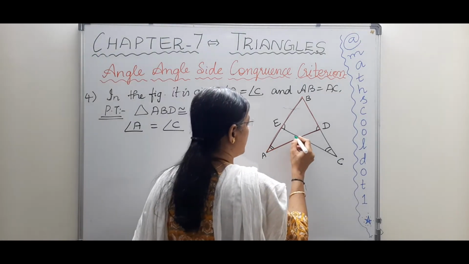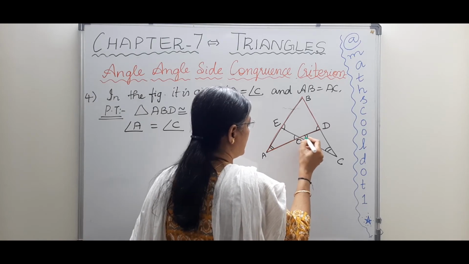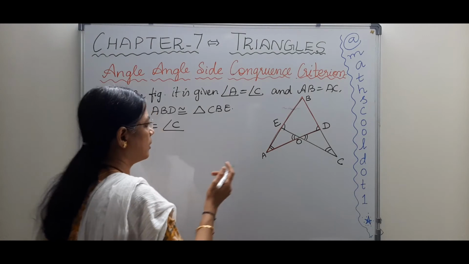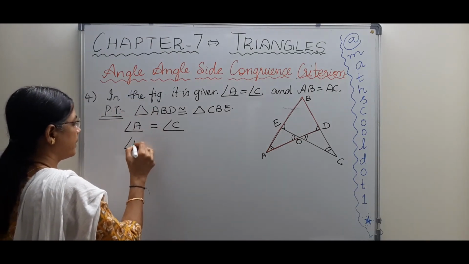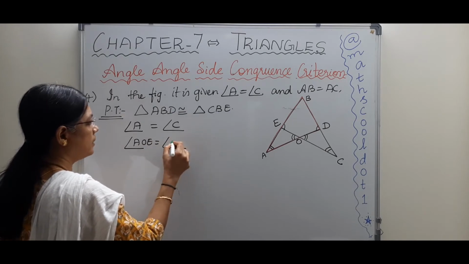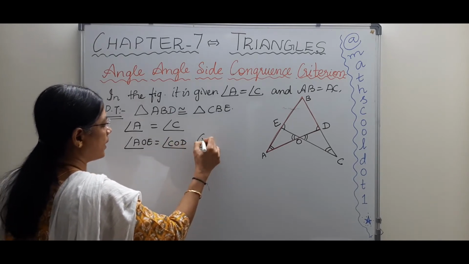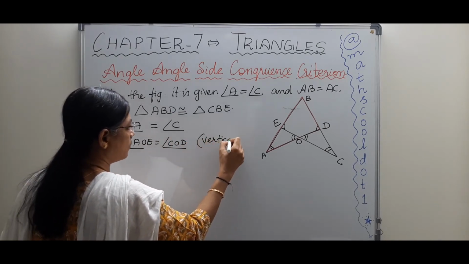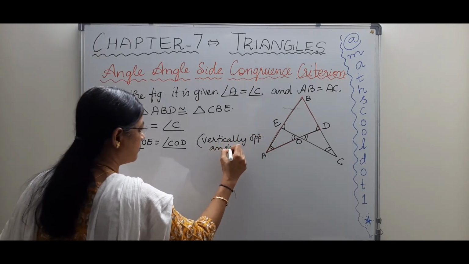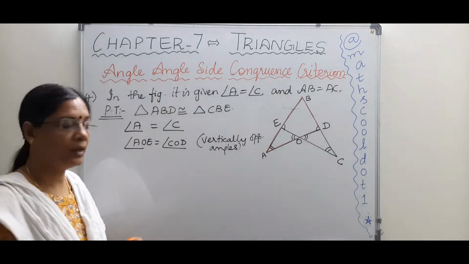At the meeting point we have the vertically opposite angles to be equal. So we'll take that into account. Angle AOE is equal to angle COD. Why? Because they are vertically opposite angles, right? So they are equal.